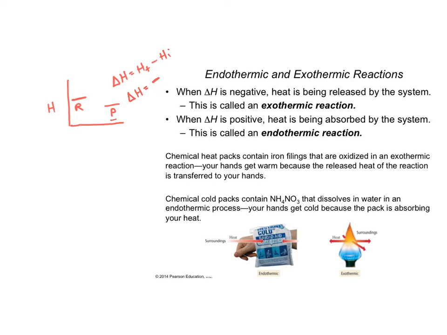And again, this is with respect to our system, okay? So this difference in enthalpy, where is that going to go? If this is my system, and my reactants are higher enthalpy than my products, where is that difference between them going to go? To the surroundings, right? To whatever the system can exchange energy with, okay?